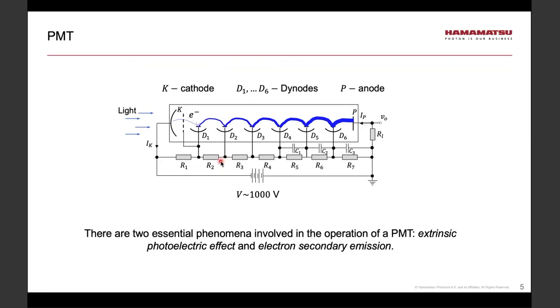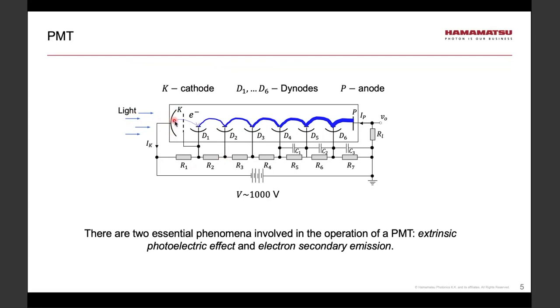So the way a PMT operates is as follows. Light illuminates the photocathode. At the photocathode, a process known as extrinsic photoelectric effect occurs, which means that if light has enough energy, it can allow an electron or electrons to be ejected from the surface of the photocathode.